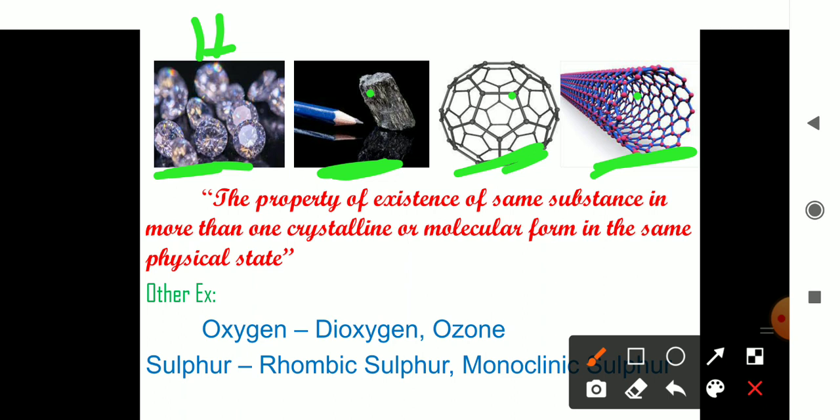Now look at the definition of allotropism. Let me read. The property of existence of the same substance in more than one crystalline or molecular form in the same physical state. The physical state will be the same. If it is a solid, it will be solid in all the cases. If it is a liquid, it will be a liquid in all the cases.